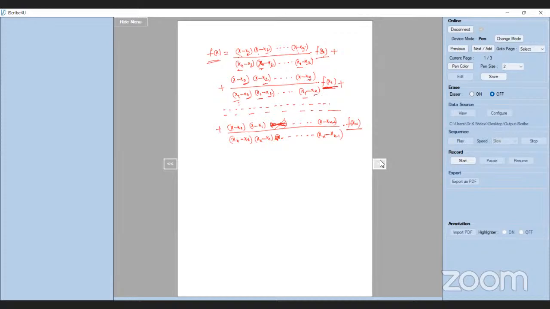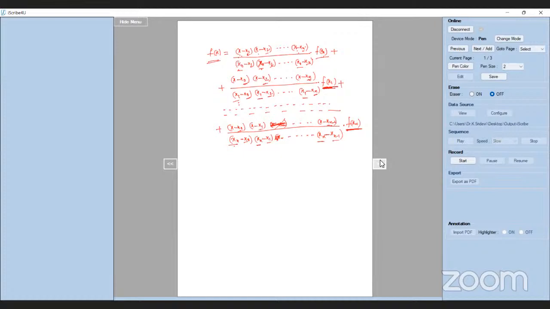Similarly, in the last term, which is related to xn, xn should not appear in the numerator. The remaining values x0, x1, and so on, xn minus 1 appear. In the denominator, xn should appear, with the remaining values x0, x1, and so on, xn minus 1.